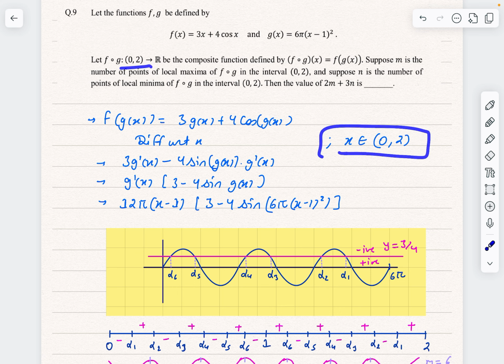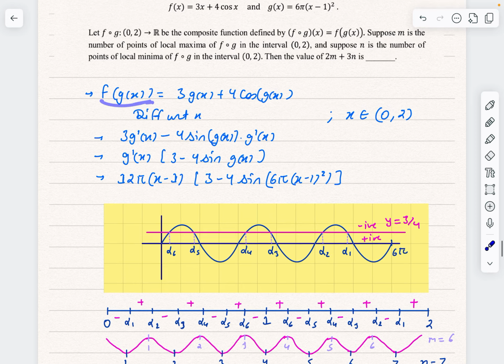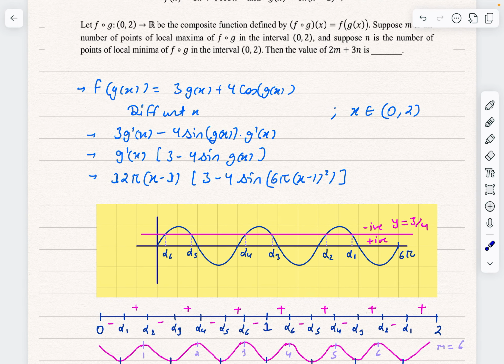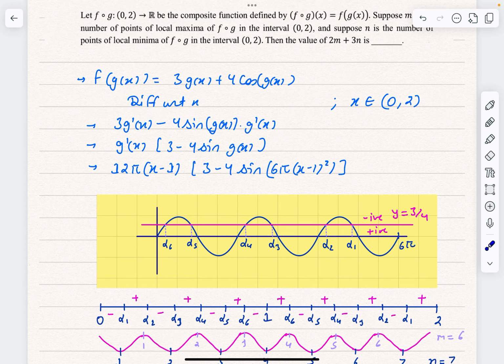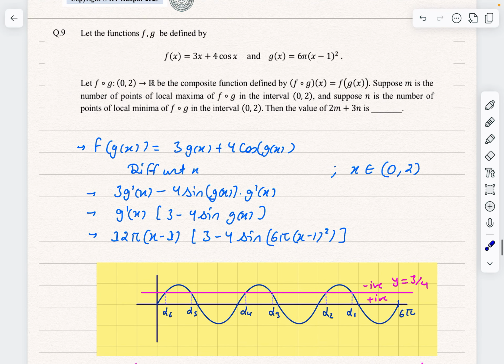We have to find the number of local maxima and the number of local minima of f of g of x. So in the domain 0 to 2, we have to find the number of local maxima and local minima of f of g of x. So f of g of x will be 3 g of x plus 4 cos g of x. You see here, this is f of x, this is g of x.